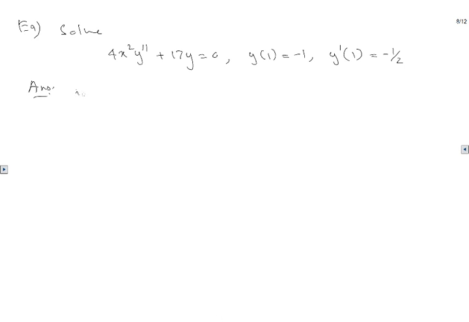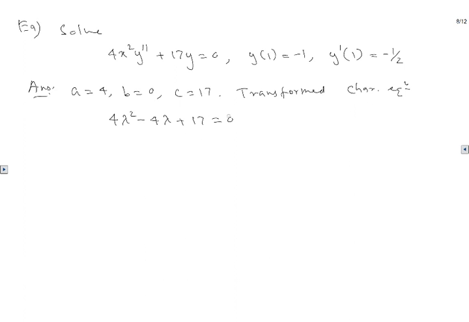So the answer is, here we can see that a equal 4, b equal 0, c equal 17, and as before the transformed characteristic equation is 4 lambda squared plus (b minus a) lambda, that means negative 4 lambda, plus c, 17, equals 0.